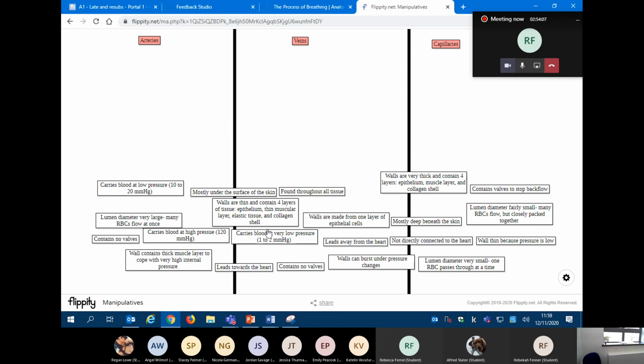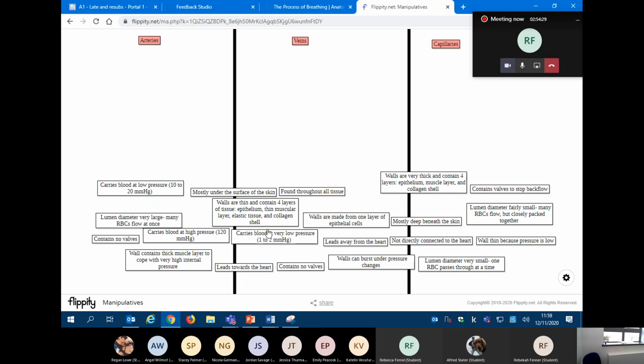Capillaries contain valves. Veins lead towards the heart. Oh, I don't know. Capillaries, blood at a low pressure. So what did we put? Capillaries blood, at a very low pressure. Maybe that's that one then. Can you see it?